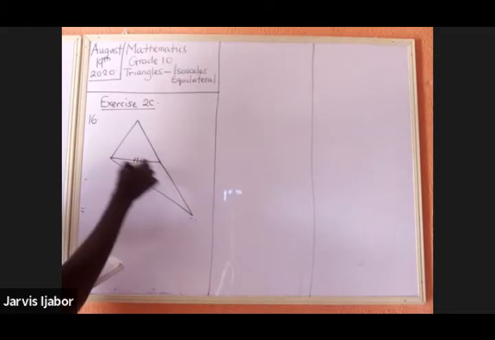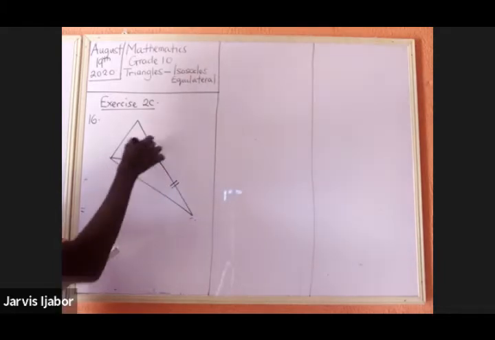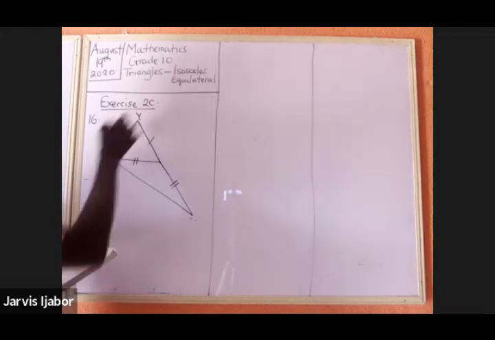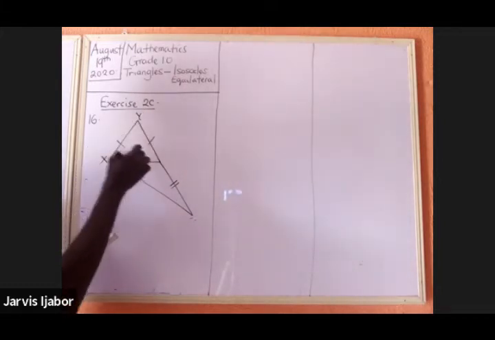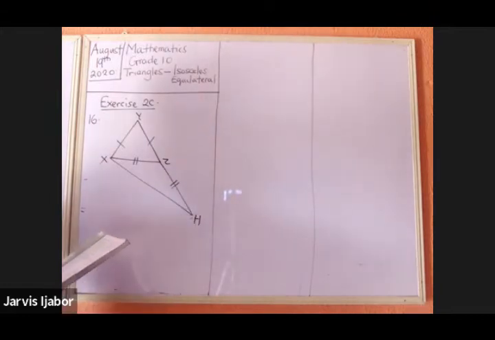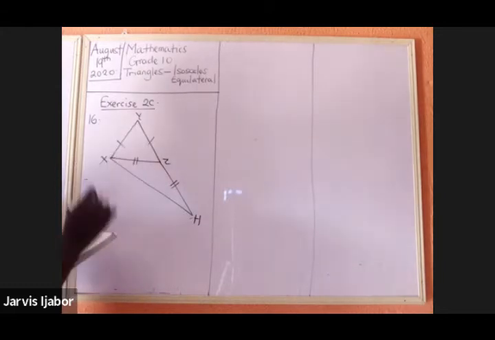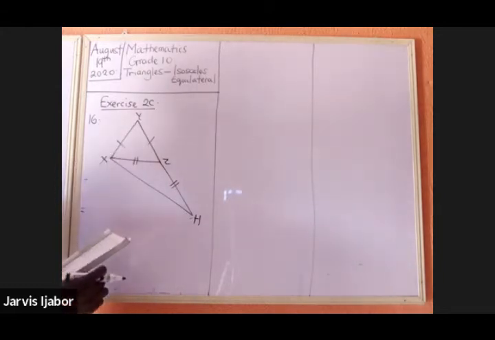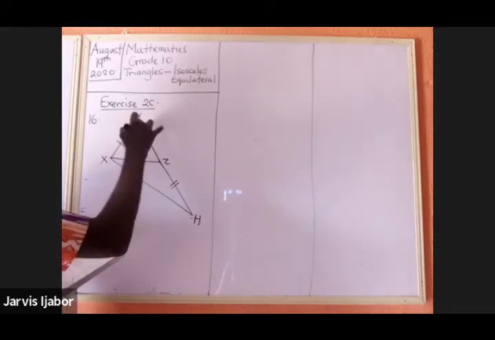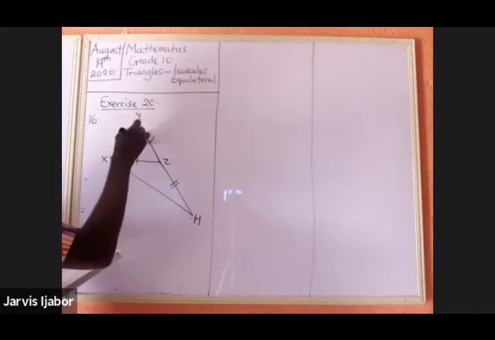This is equal to this, and this is equal to this. So we have two triangles embedded in one that are essentially isosceles. We are told that XY is equal to YZ, and XZ is equal to ZH. And angle XYZ, this angle here, is equal to 52 degrees.